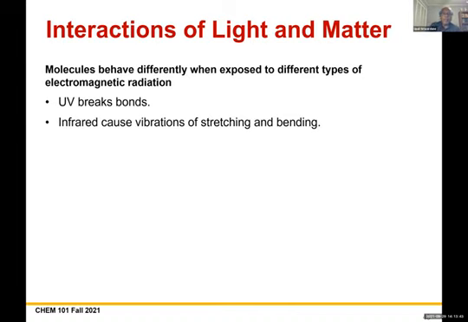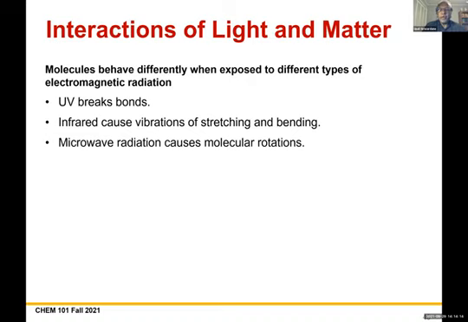Therefore, it is absorbed by oxygen molecules, removed from entering the Earth's atmosphere. Infrared is heat, vibration of bonds, stretching bonds, bending bonds. We're going to talk about that in a minute.